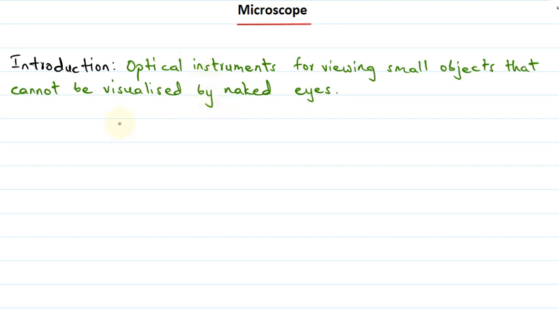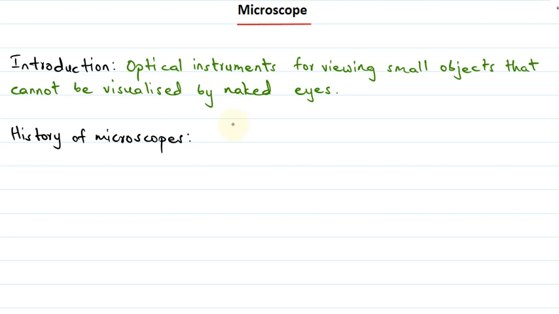Okay, so now let's talk about some history of microscopes. The advent of microscopes actually helped in the discovery of cell.